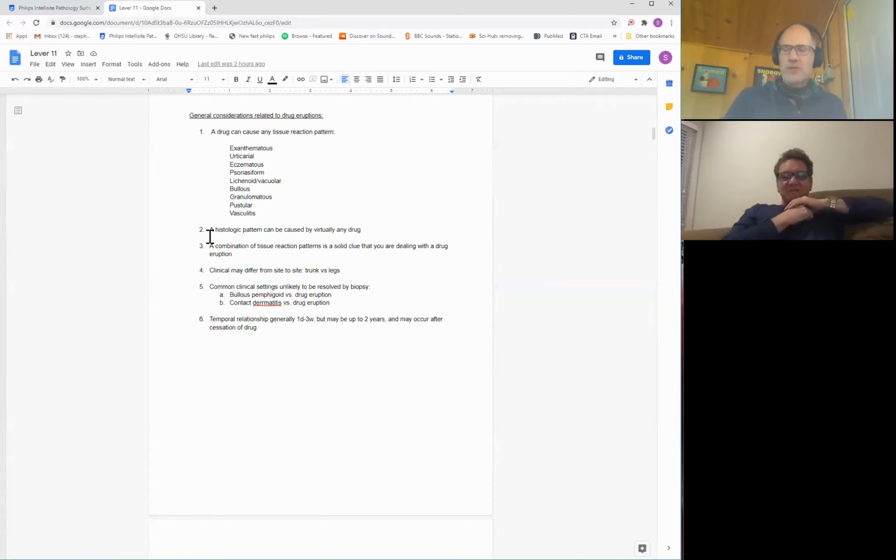What's maybe less known is that there can be a long delay of up to 2 years: patient on the same drug, no cutaneous problems, and then develops a cutaneous eruption that's later proven to be connected to that drug. And they may actually occasionally occur after cessation of the drug. So a long time course or not being on a drug anymore doesn't mean that what you're looking at is not a drug eruption.